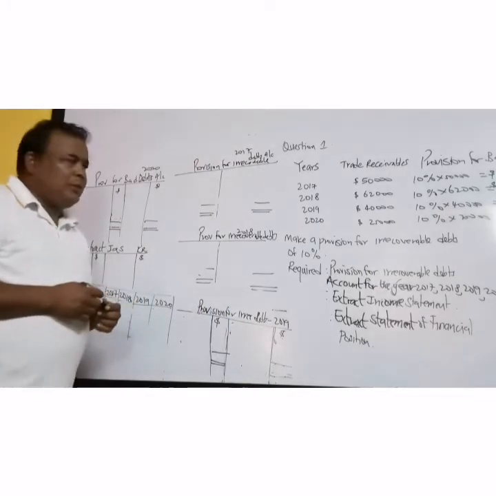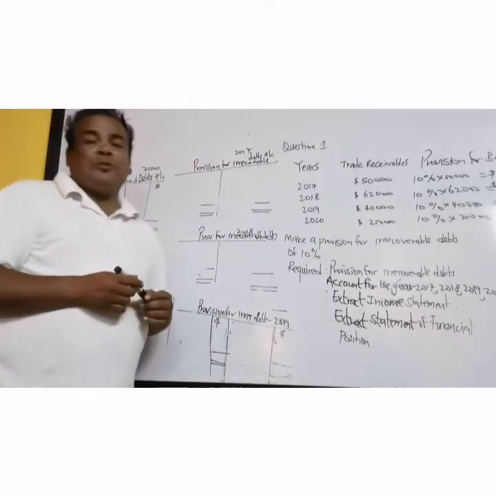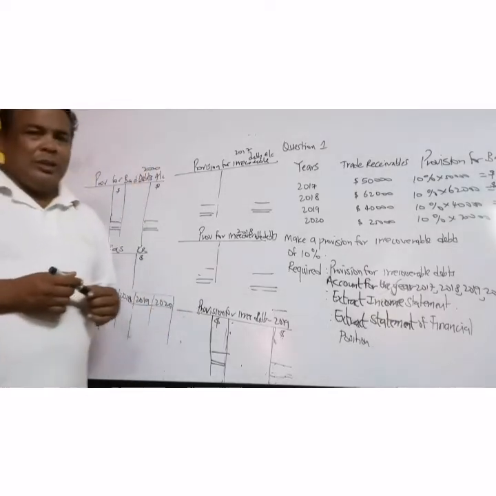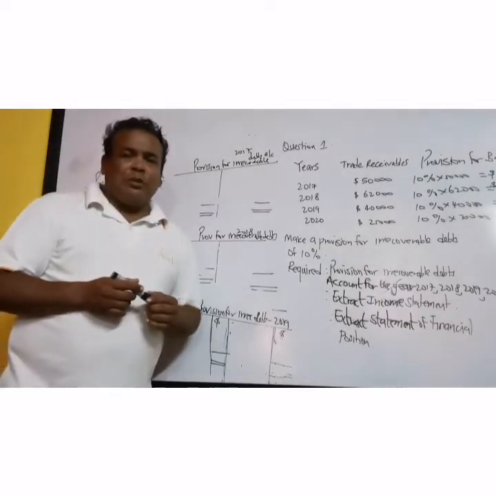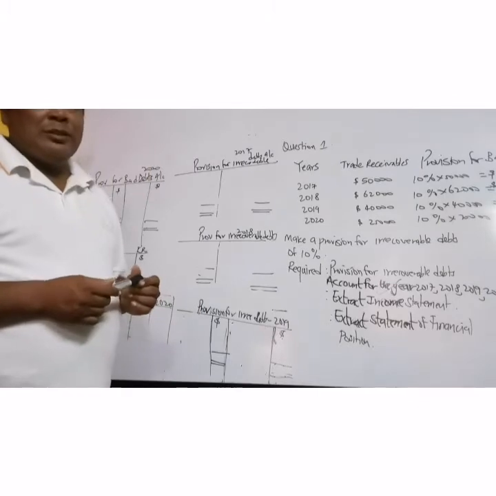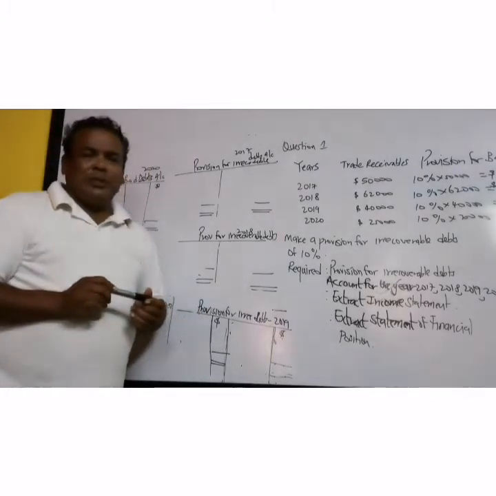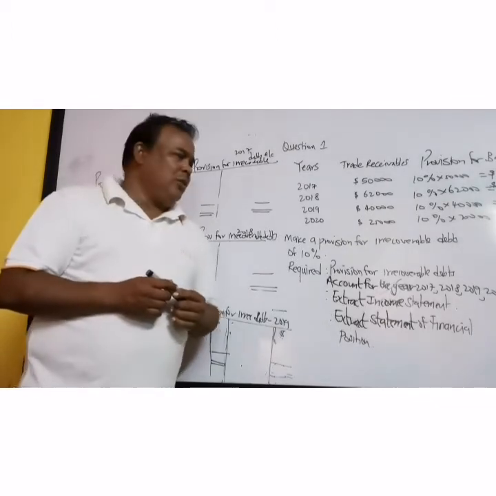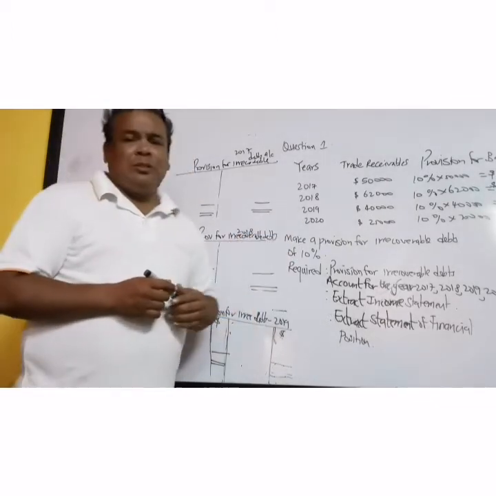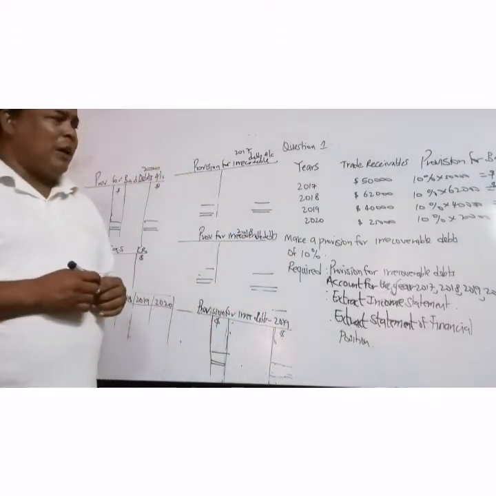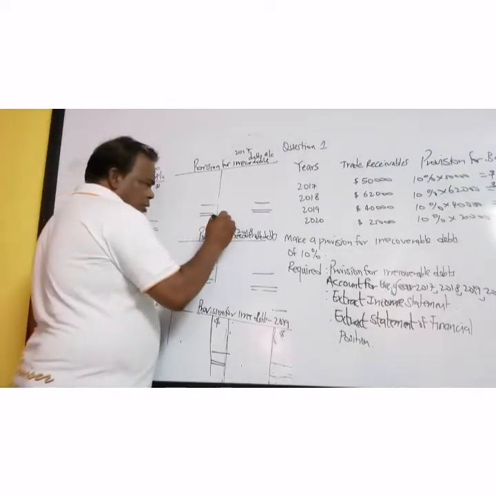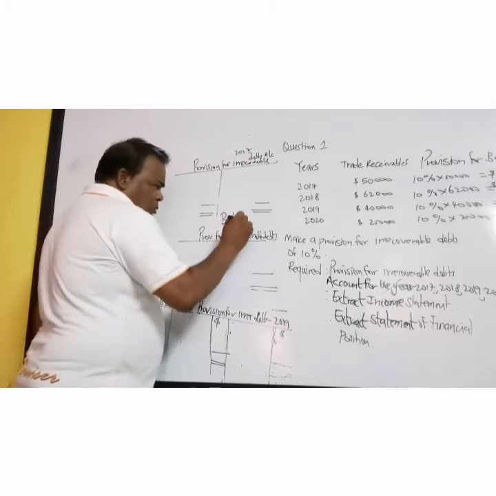We know that there will be no opening balance for the provision for doubtful debts account, because at the beginning it is not possible to know how many debtors or trade receivable will not pay their business. So there will be no opening balance for the first year, 2017. It will have a credit balance, the closing balance, so we have to insert the closing balance. How much?